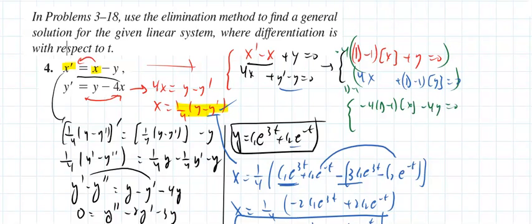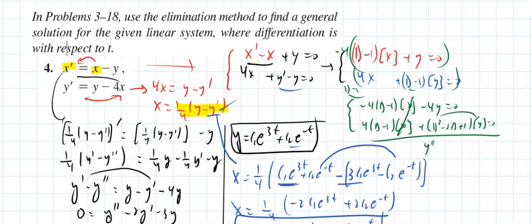And on the bottom, I'll get 4 times D minus 1 operating on x plus D minus 1 times D minus 1, which is D squared minus 2D plus 1, operating on y to equal 0. And now if I add those, these cancel out. You'll notice I'll get y double prime minus 2y prime plus y minus 4y equals 0, or simply y double prime minus 2y prime minus 3y equals 0.